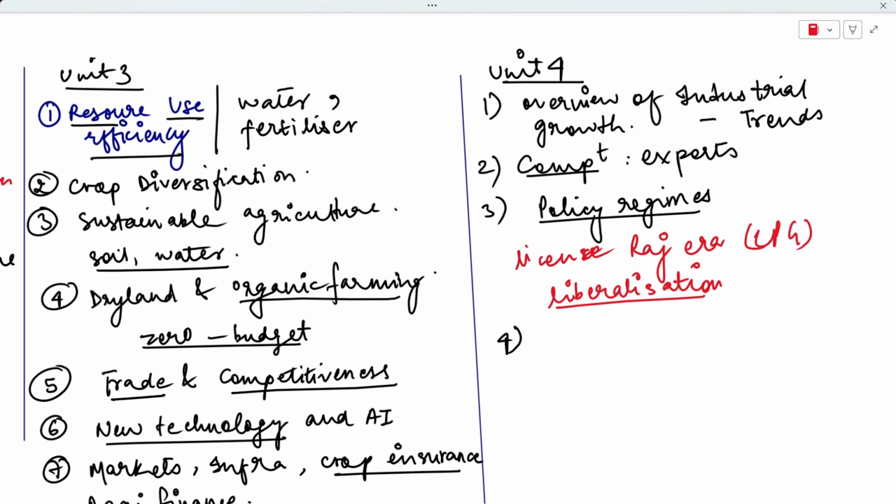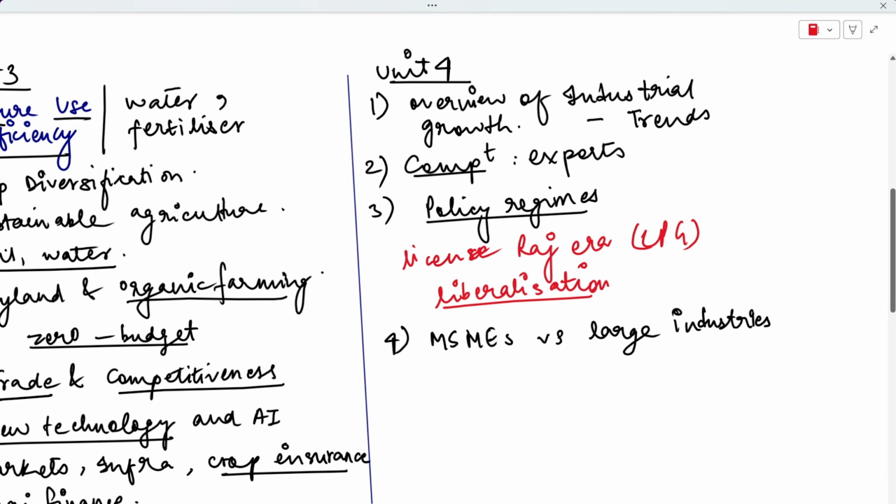Then we need to talk about MSMEs versus large industries. What are MSMEs and what are large industries exactly? How do we classify these? In this, we are going to talk about a very important concept which is called the missing middle.